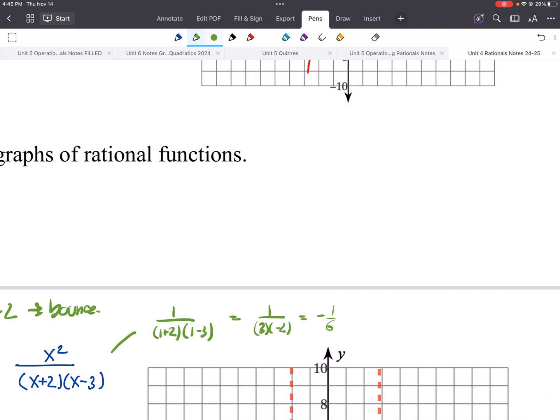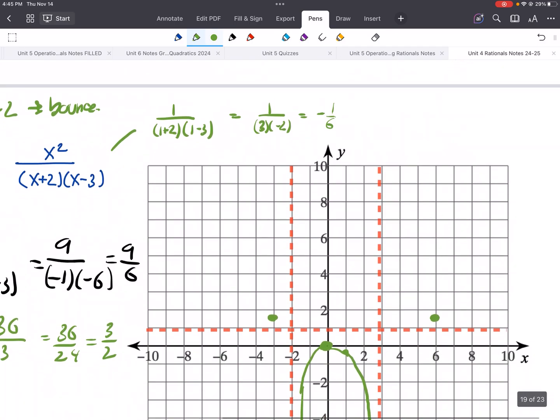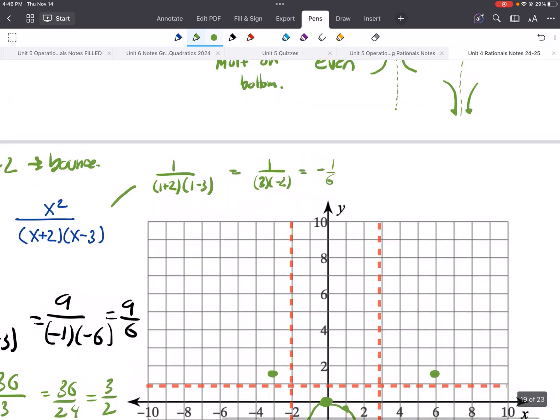So if we have a multiplicity on bottom, so like an even, what's going to happen is when we have that vertical asymptote, it's going to come up to go the same direction. So up, up, or we could have down, down.